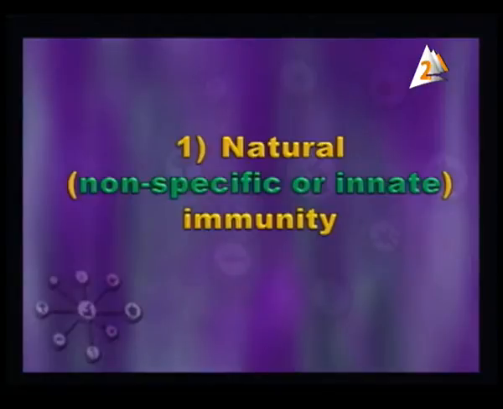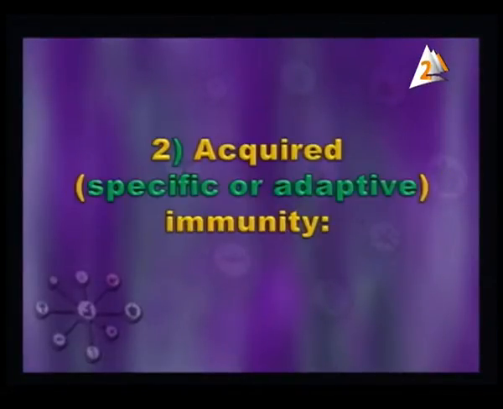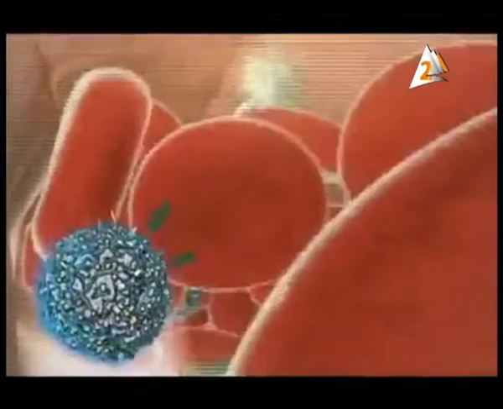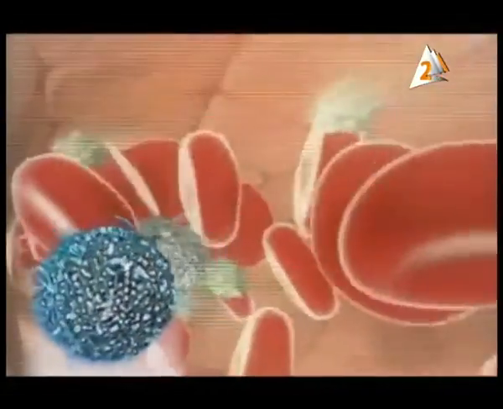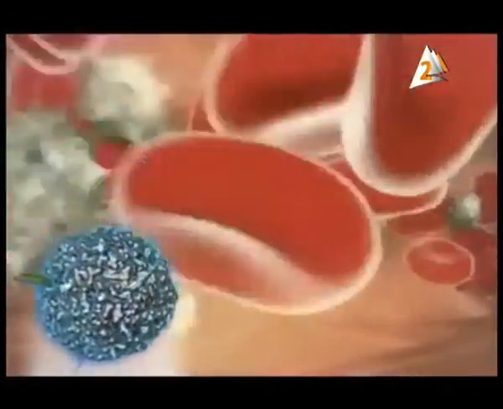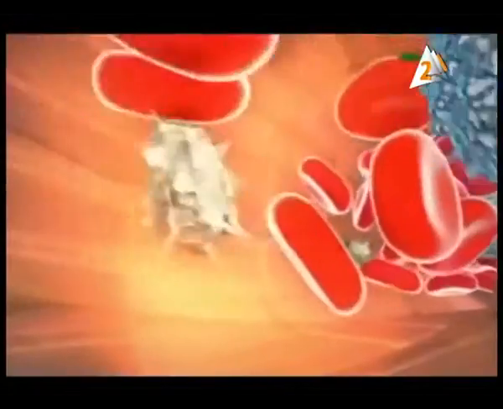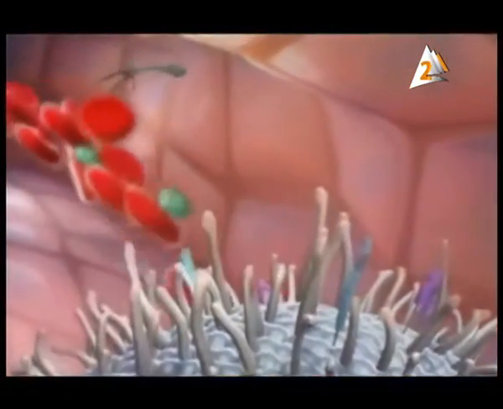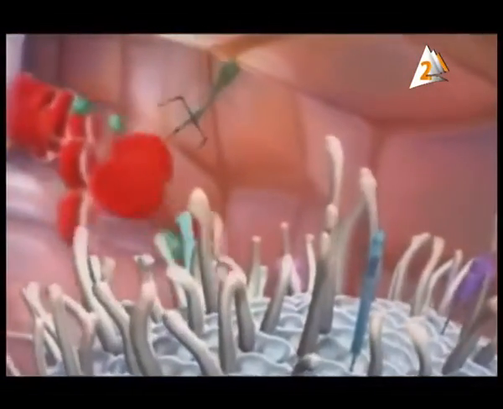The other system is called acquired, specific or adaptive immunity. So, acquired immunity and natural immunity. These two systems of immunity we are going to deal with today. First, the natural, non-specific or innate immunity.